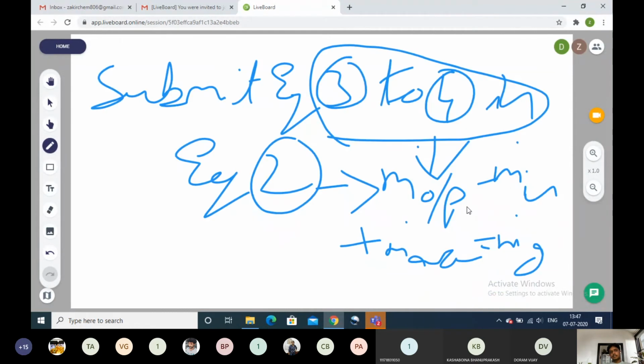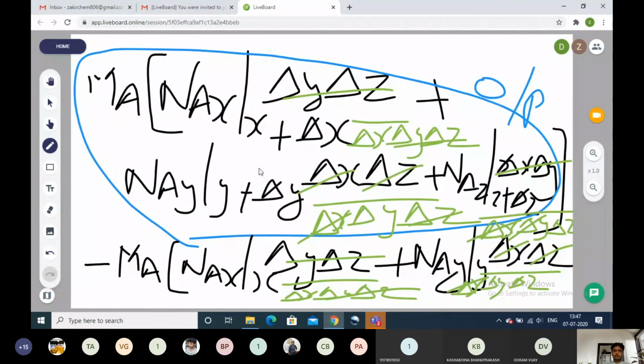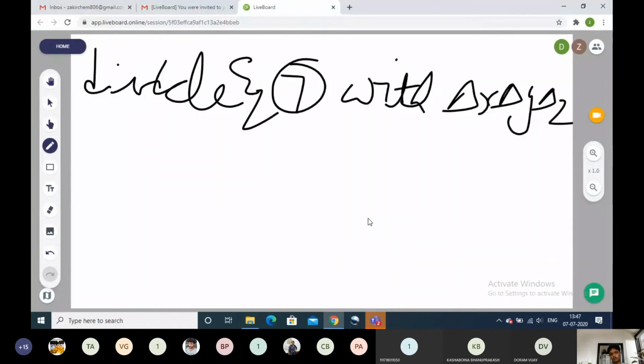After all these terms, we have to substitute equations 3 and 4 into equation 2, which is the mass balance equation: m dot out minus m dot in plus m dot accumulation is equal to m dot generation. Then finally, after substituting in this equation, we will get this one. Now we have to divide the total equation by the total volume of the cuboid, delta x delta y delta z.